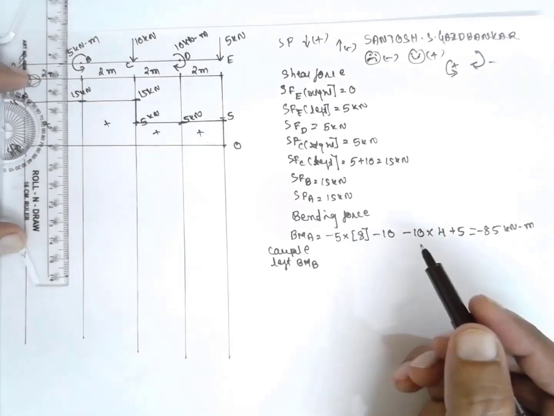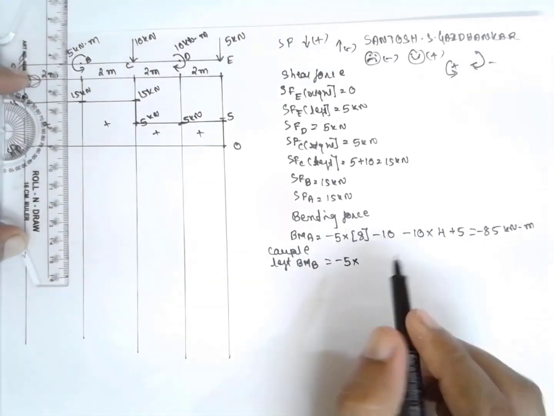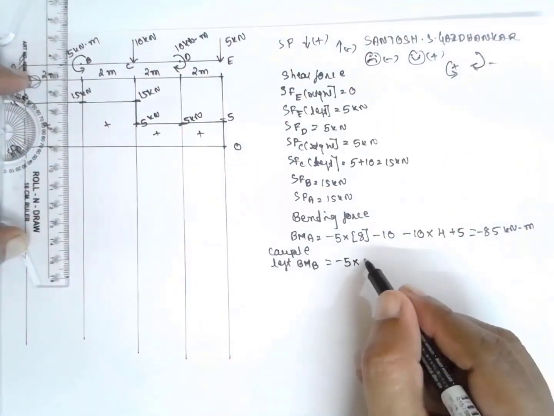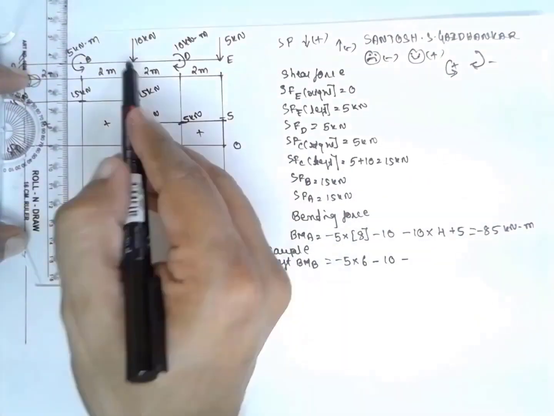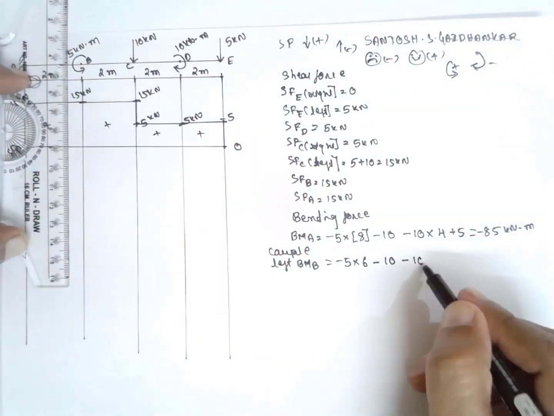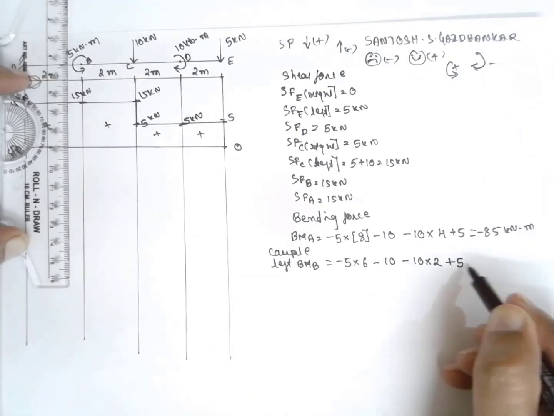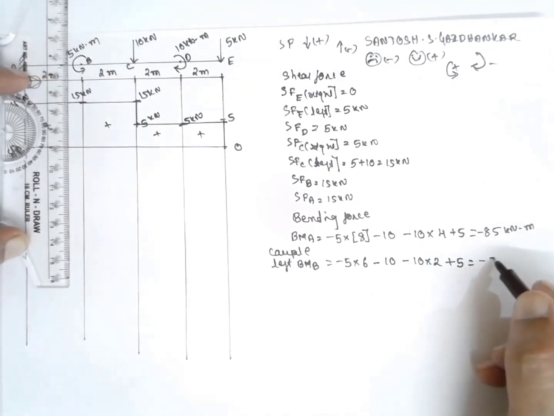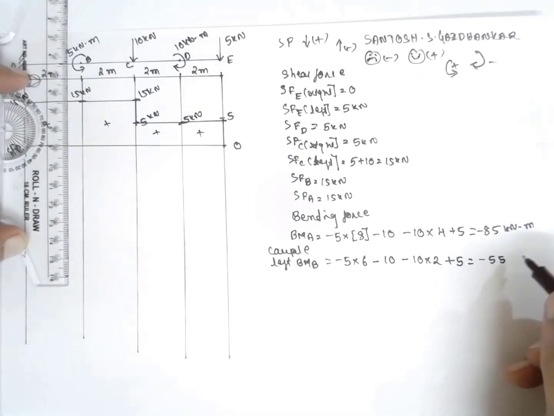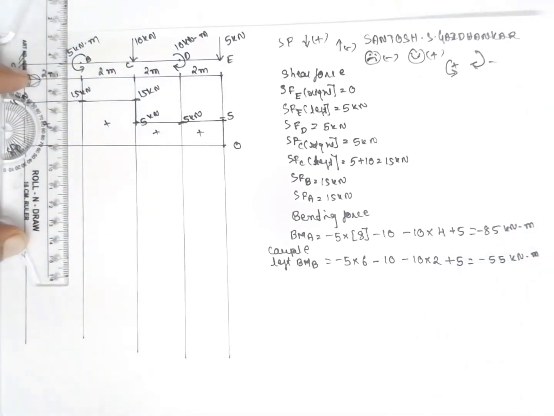For left, minus 5 into distance, that is 6, minus 10 minus 10 into 2 and plus 5. Answer is minus 55 kilonewton meter.